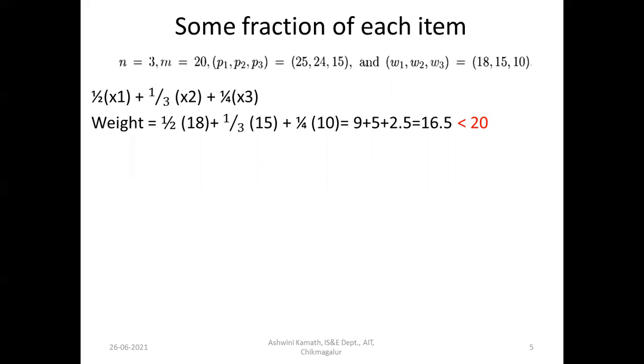And 1/4 of 10 will be 2.5 kg. That will be added into the knapsack. So the total is 16.5. Here we have to check whether it is a feasible solution or not, isn't it? It is less than 20, so it's a feasible solution.